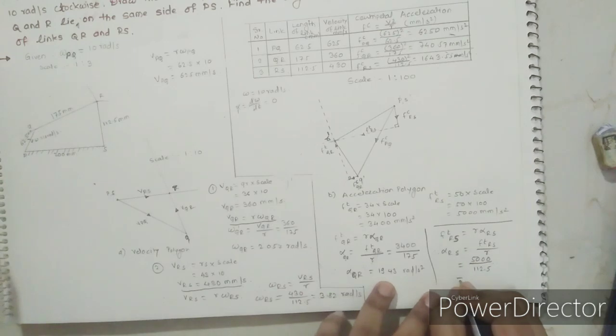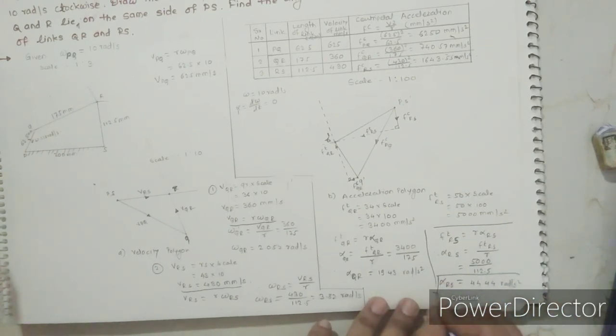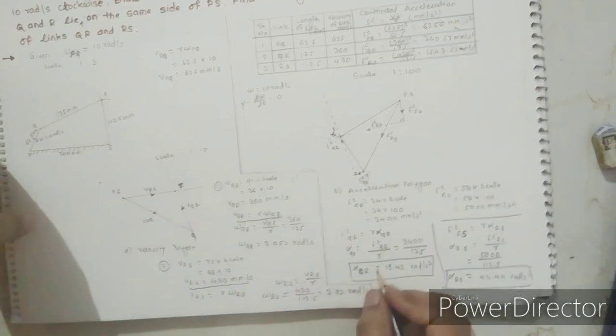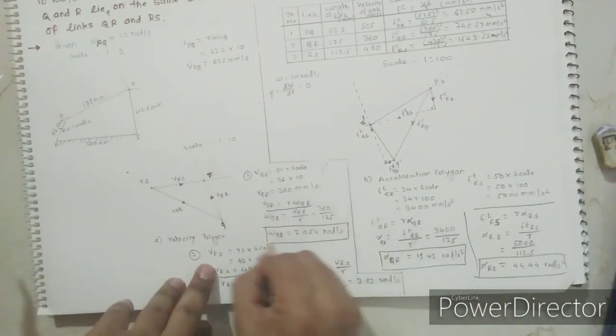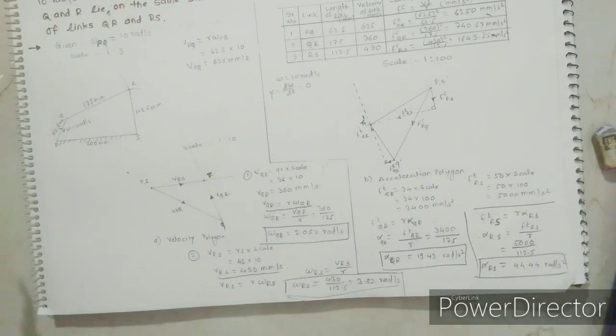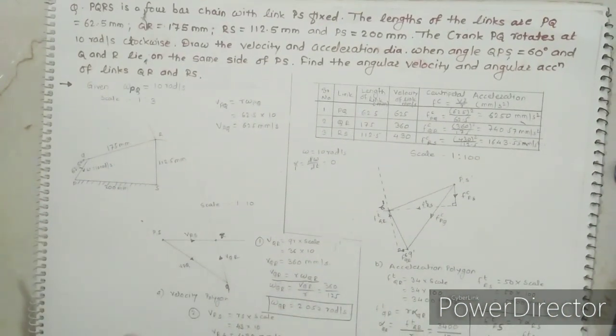So alpha RS equals 44.44 radian per second square. This is the answer: alpha QR, alpha RS, omega PQ and omega RS. Here is the solution of the problem of velocity and acceleration of a 4-bar chain. Thank you.